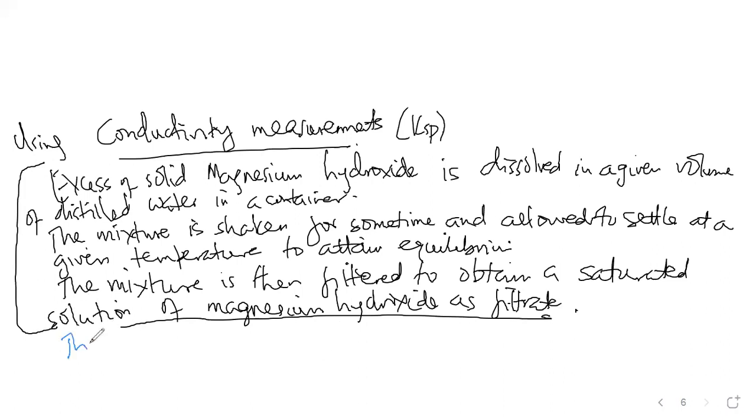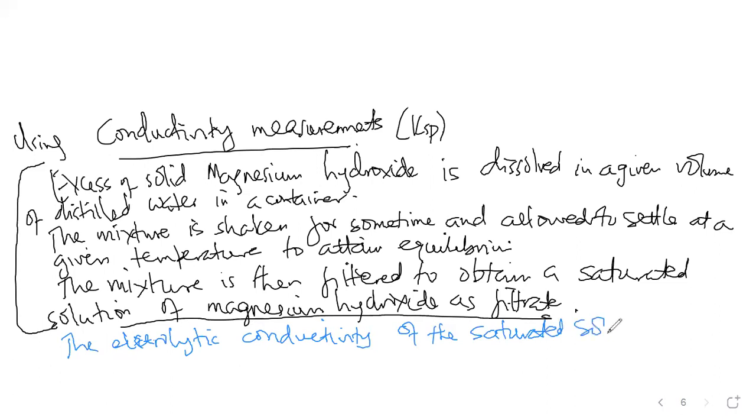We are going to say the electrolytic conductivity of the saturated solution. We are calling it K. That's normally the symbol that denotes electric conductivity, whose units are per ohm per centimeter, is measured using a conductivity meter.